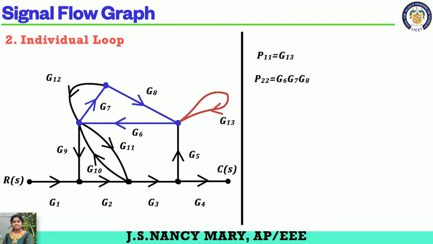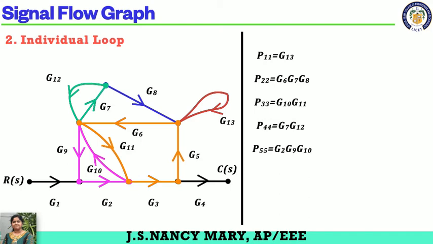Then G10 and G11 will be P33, and G7, G12 will be P44, and G10, G9, G2 will be P55. Then your P66 will be G6, G11, G5, G3, and then the rectangular loop, that is G9, G2, G3, G5, G6, will be the last loop, which is P7. So we have 7 loops totally in this problem.